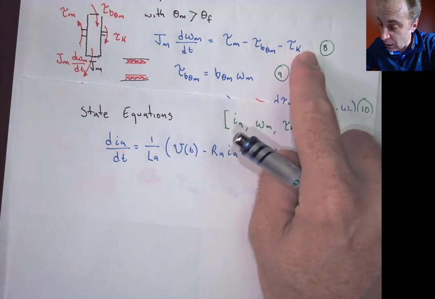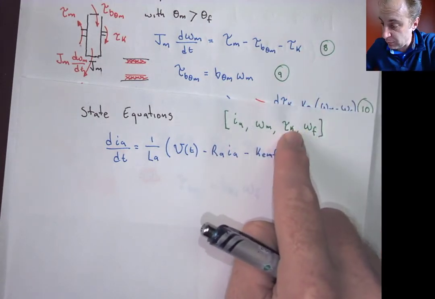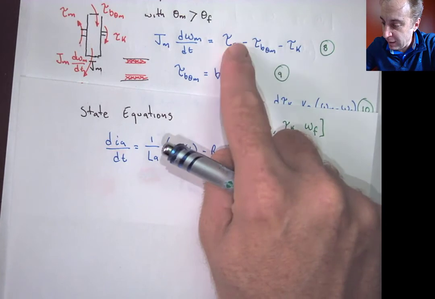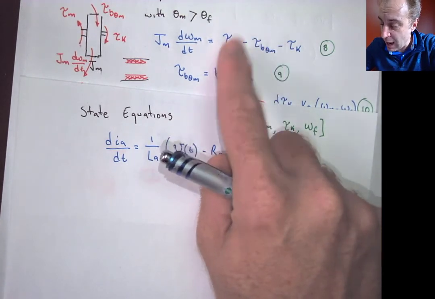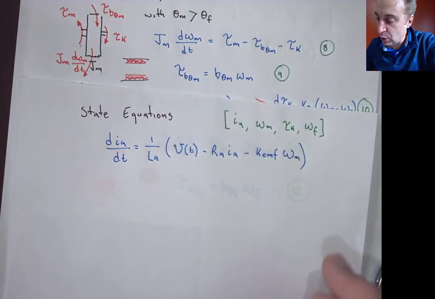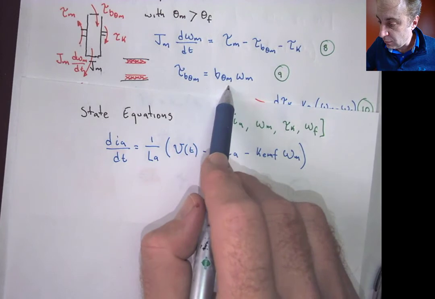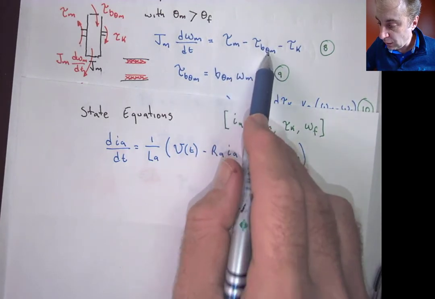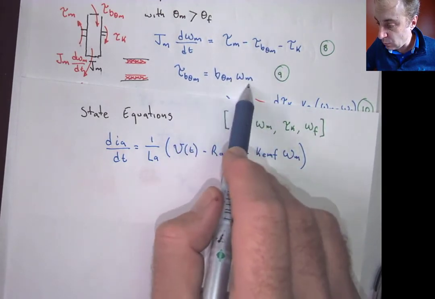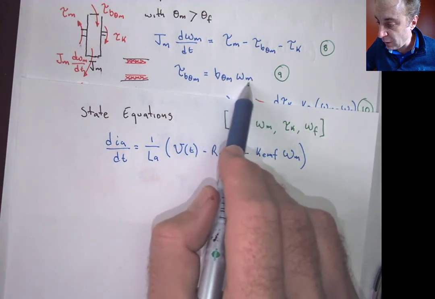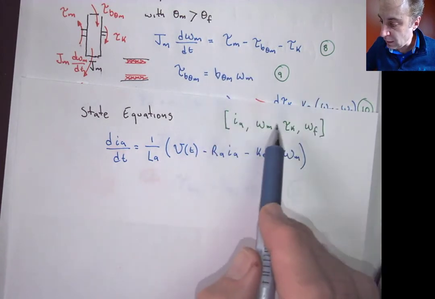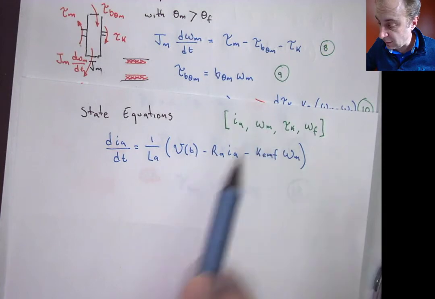And then we have tau k, which is one of the state variables. So we have to find the relationships that we would have to introduce here in order to convert them into terms that contain state variables. So the friction torque is going to be a function of omega m, and omega m is one of the state variables.